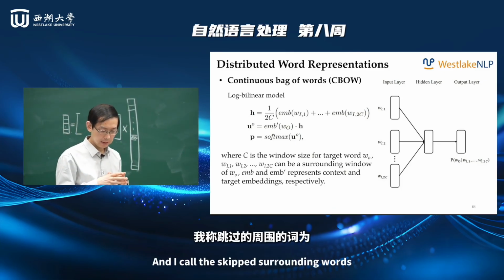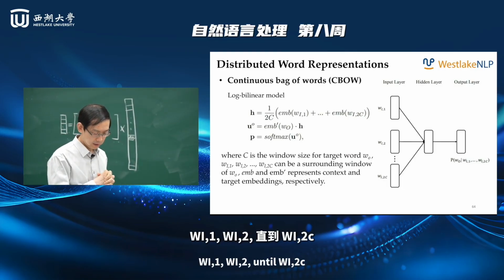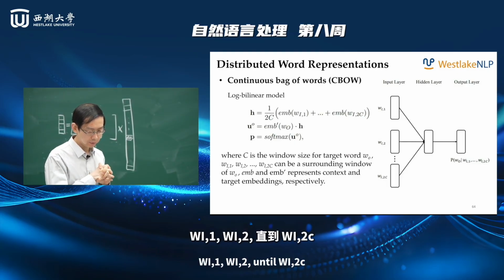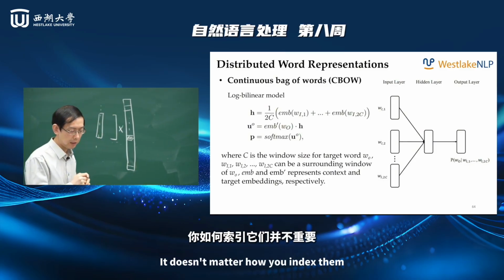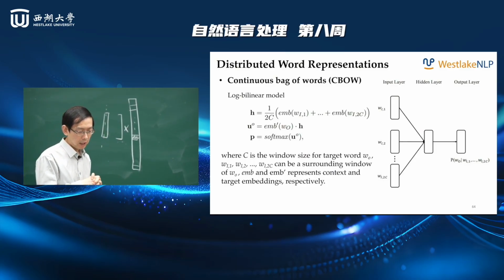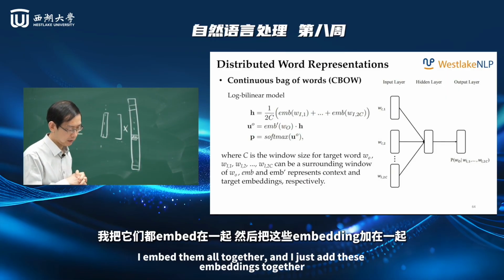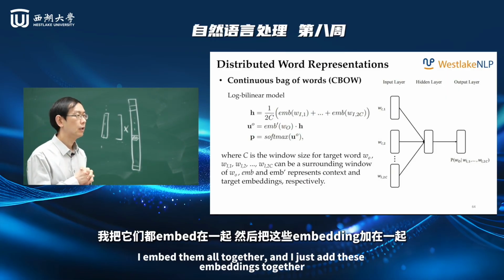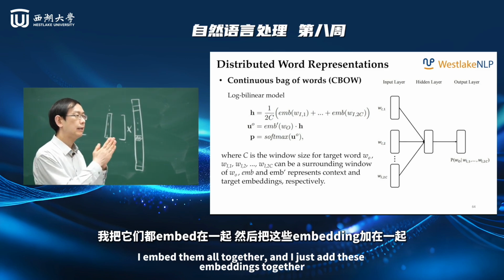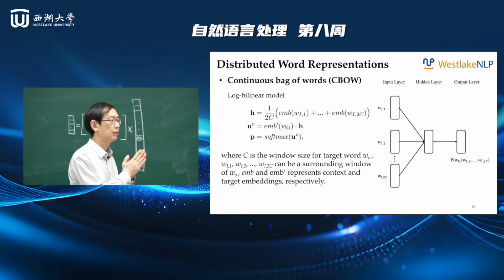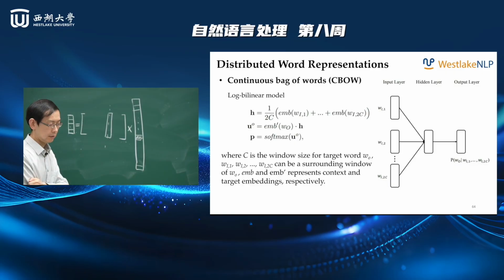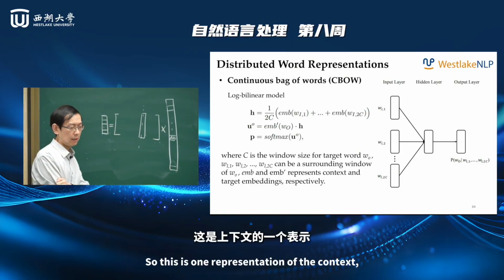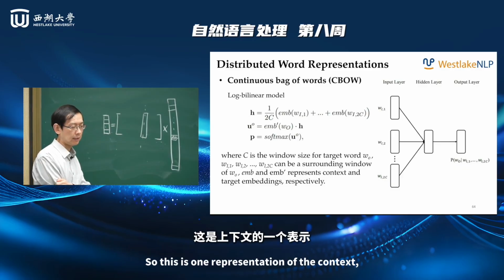I call the surrounding words W_I1, W_I2 until W_I2C. It doesn't matter how you index them. I give them a set of embeddings, I embed them all together, and I just add these embeddings together and divide by 2C. So I calculate the average. This is one representation of the context. I call it H.